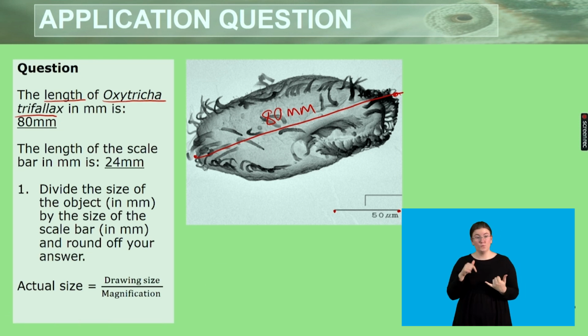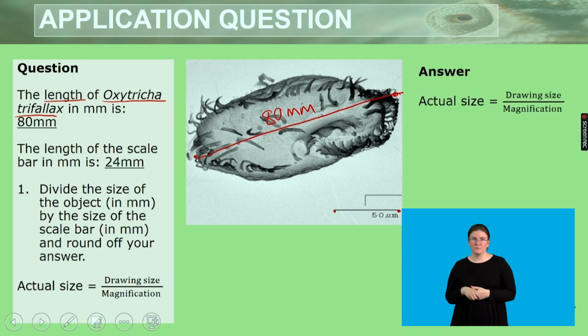Now what we are supposed to do is use this formula to determine the actual size of this microorganism. Our final answer will be in micrometers, to show that we were trying to get the length and the size of this microorganism in micrometers.